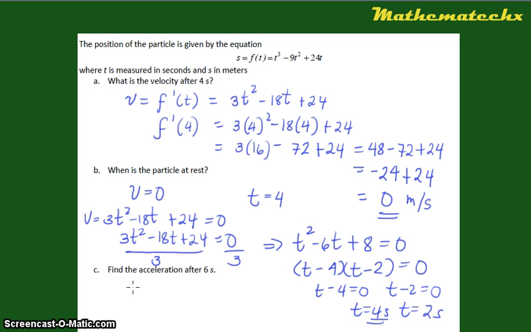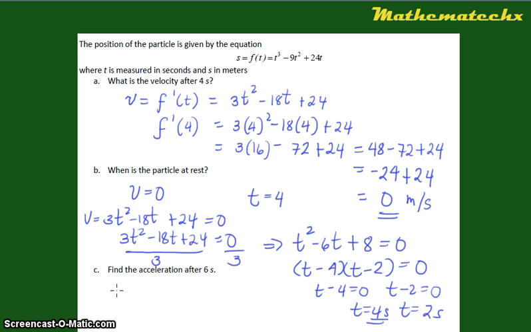Now letter C, find the acceleration after 6 seconds. So again, it's all about the relationship of the position function, the velocity function, and the acceleration function. If the velocity function is the derivative of the position function, the acceleration is the derivative of the velocity function. So go back to the velocity function that we obtained: 3t squared minus 18t plus 24.